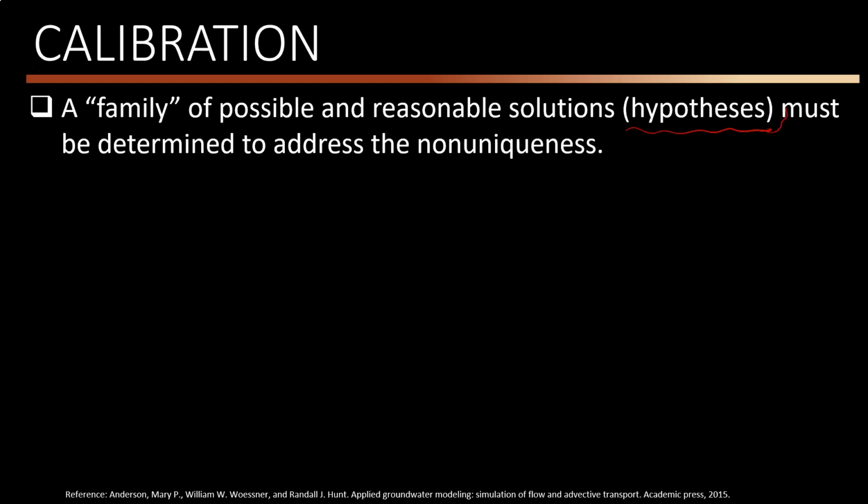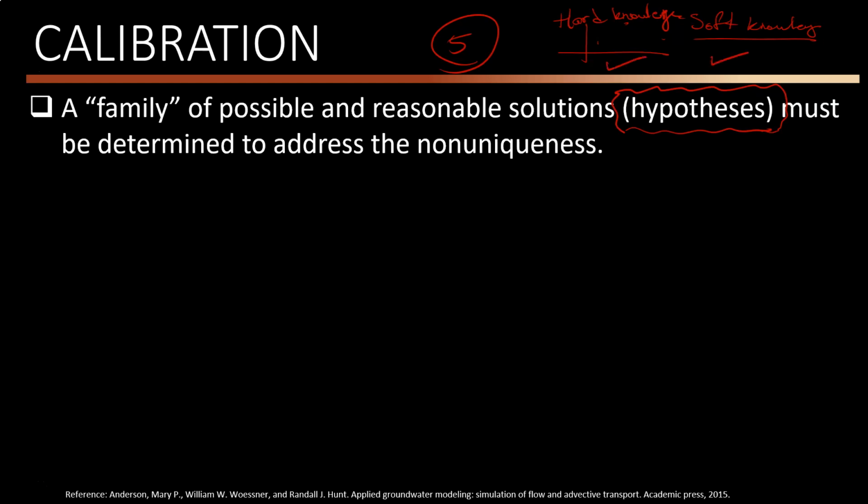So we have a group of hypotheses, like, I don't know, 5 different models and calibrated results, which create a reasonable match with our observation and also with soft knowledge. Remember, we have to check both hard knowledge and soft knowledge. So we have 5 hypotheses which pass these tests.